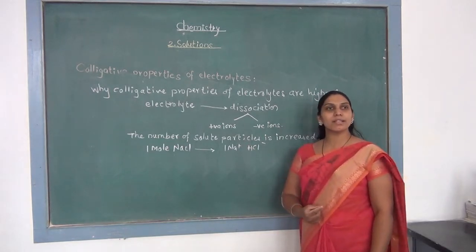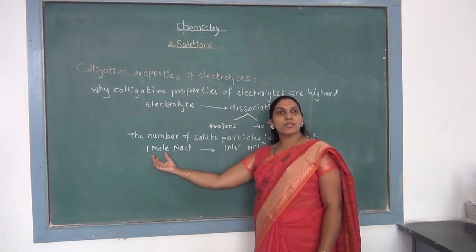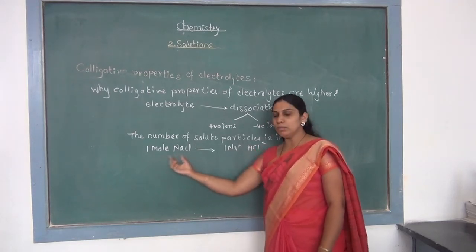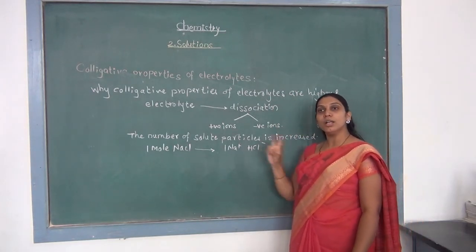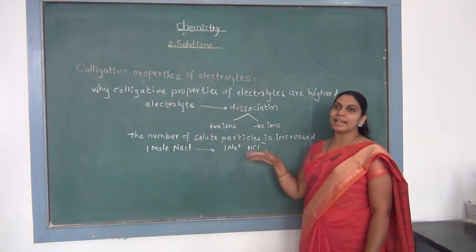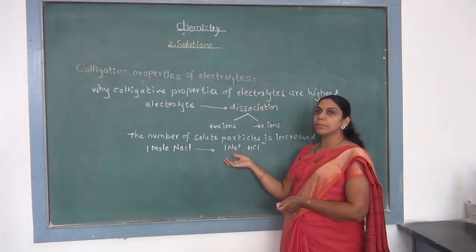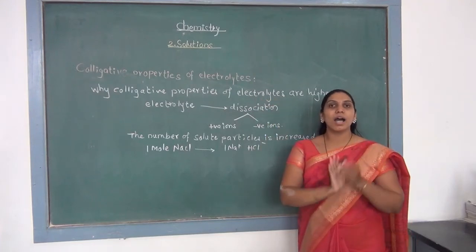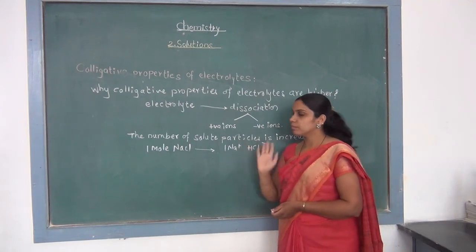Similarly, how many Cl minus ions will be formed? 1 mole. Before dissolution, the number of particles was equal to 1 mole. Now it is 1 mole of Na plus and 1 mole of Cl minus, so total 2 moles. That means the number of solute particles is increased. And as the colligative property depends on the number of solute particles, the colligative property of electrolytes becomes higher, or the value comes out to be high. Getting it?